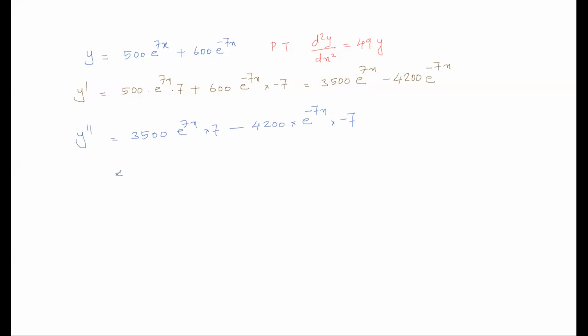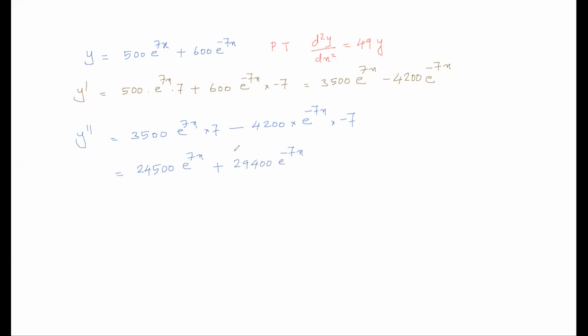So this will become 7 into 3,500 is 24,500 e to the power 7x, minus into minus plus, 7 into 4,200 is 29,400 e to the power minus 7x.